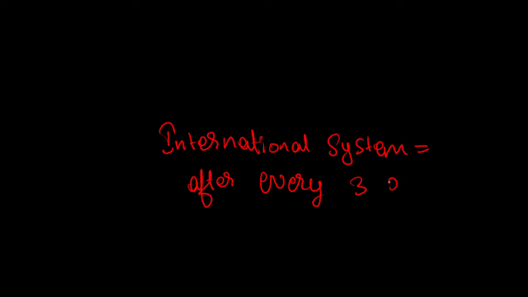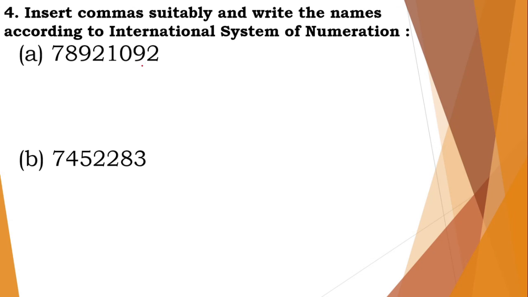Right. So in Indian system, initially we put the commas after every 3 digits and then we'll put the commas after every 2 digits. But in International System, we put the commas after every 3 digits. Now after 3 digits, we'll put the first comma and again we'll put the second comma. Now we will write the number name.